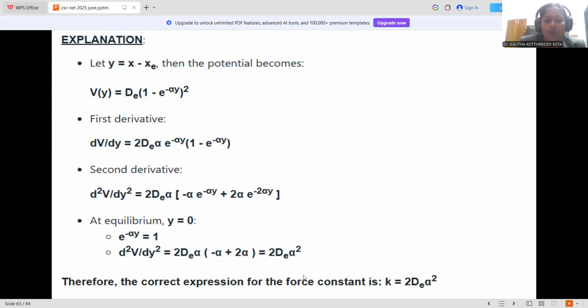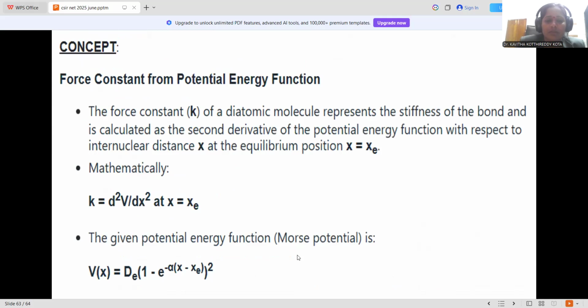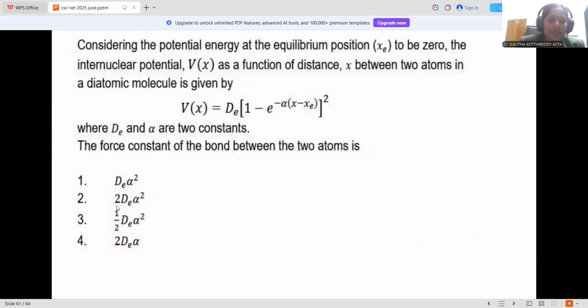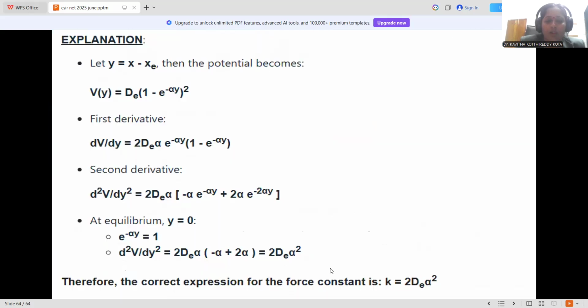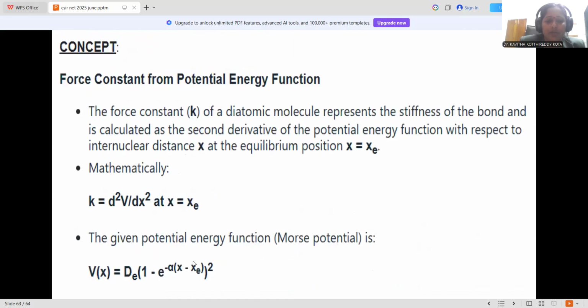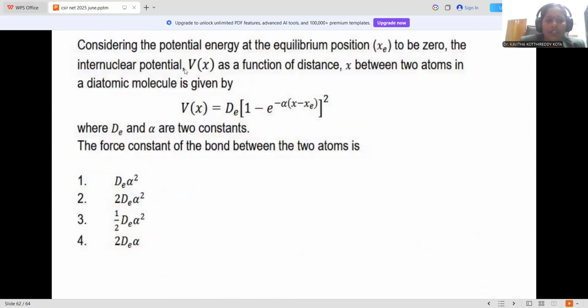2Deα² is the force constant value that is provided in option number 2. For question number 53, option number 2 will be the right answer.